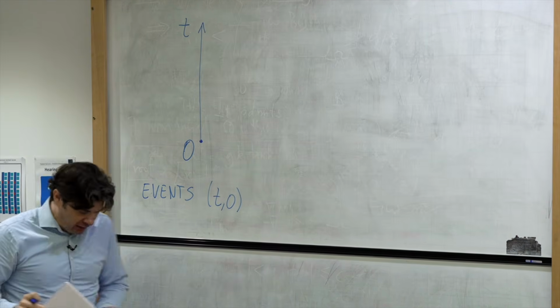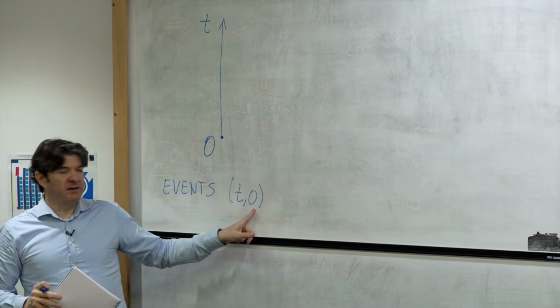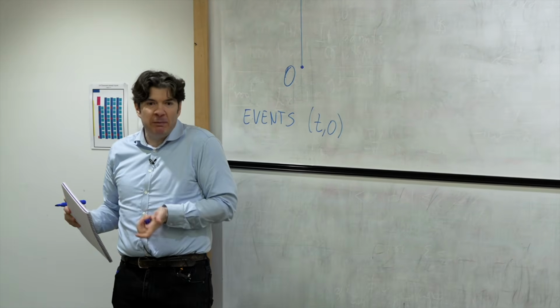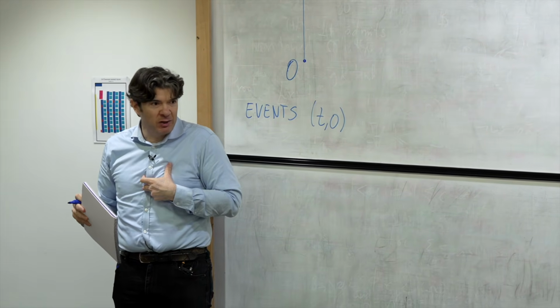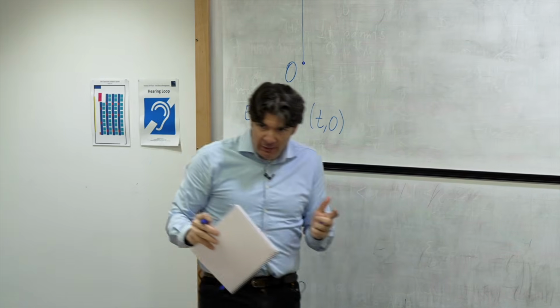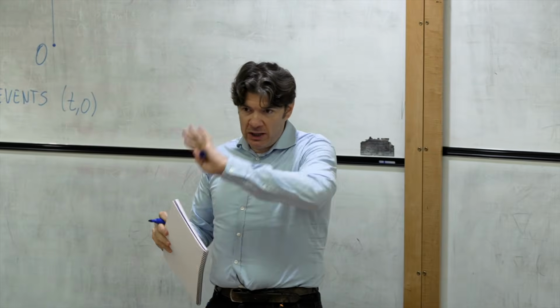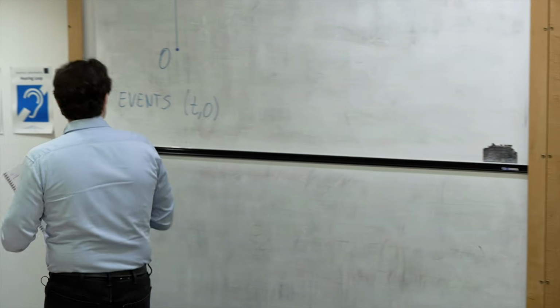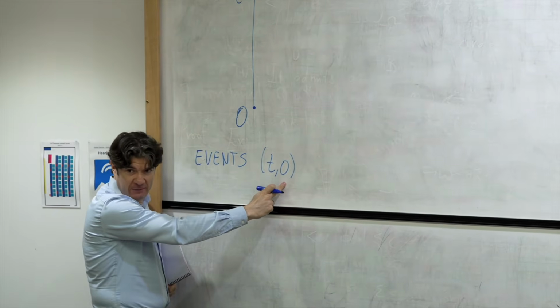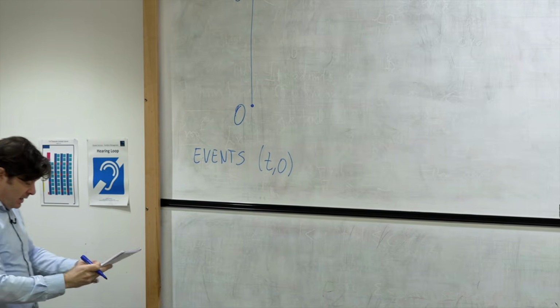Because I have the clock with me, if the spatial dimension is 0, it means it is here. If I have a clock, I can measure the coordinates of all events with coordinates t at the point 0. Is that okay? Beautiful.